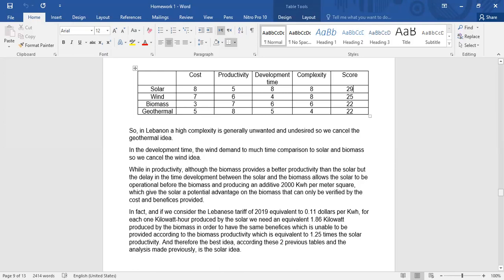For each kilowatt produced by the solar, we need an equivalent of 1.86 kilowatt produced by the biomass to have the same benefits, which cannot be provided given the biomass productivity, which is equivalent to 1.25 times the solar productivity. Therefore, the best idea, according to these two previous tables and the analysis made, is the solar idea.